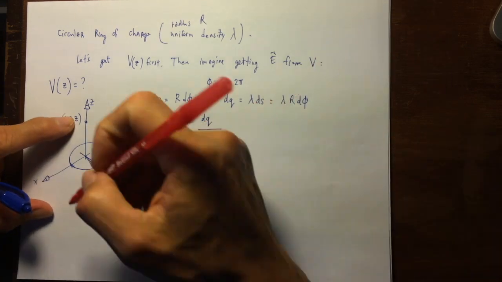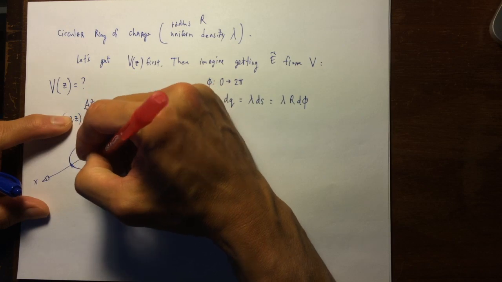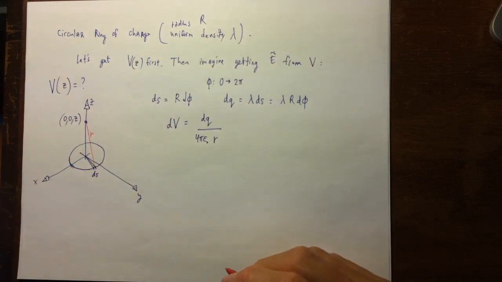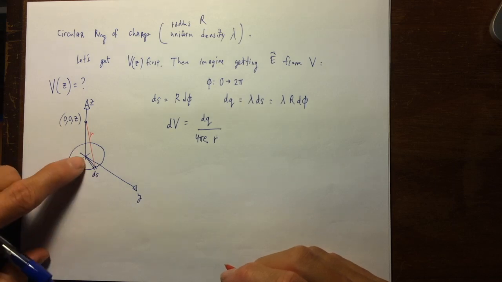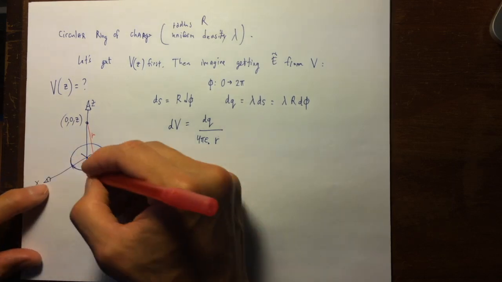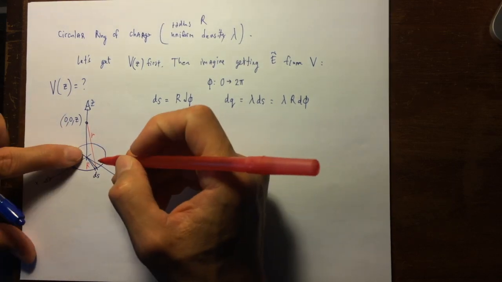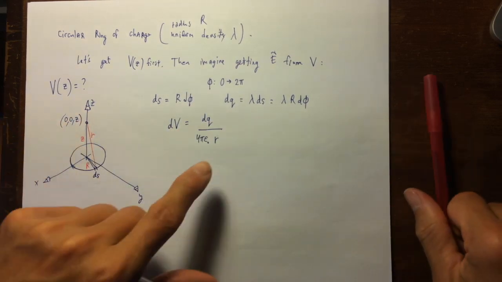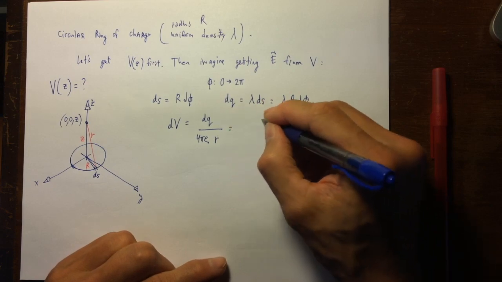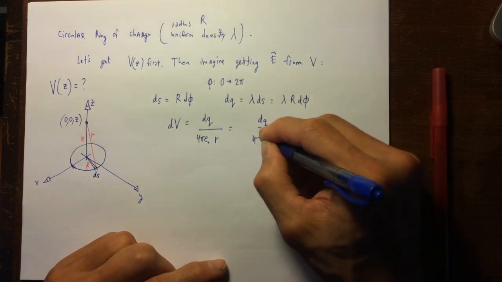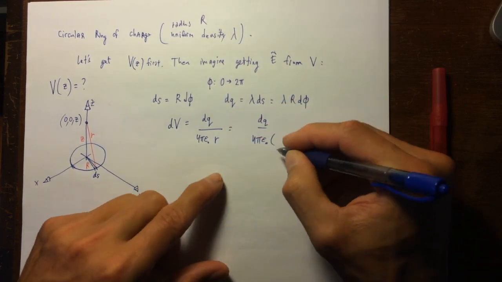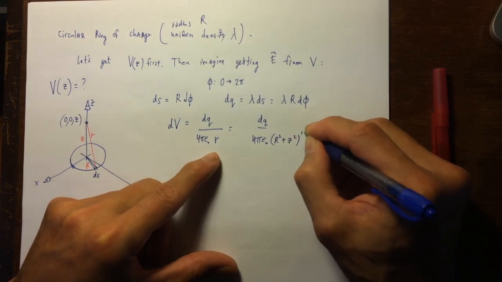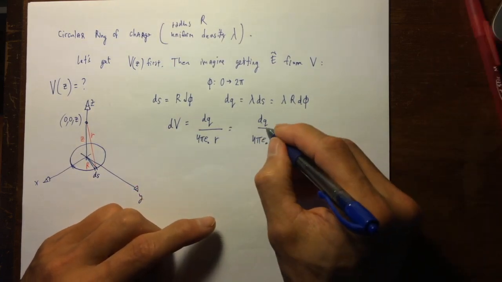And in this picture right here, for this particular element, the distance is the red line, a Pythagorean theorem line. The bottom of that triangle is capital R, and this edge length of the triangle is z. So r is always the square root of R squared plus z squared. Just do the Pythagorean theorem.